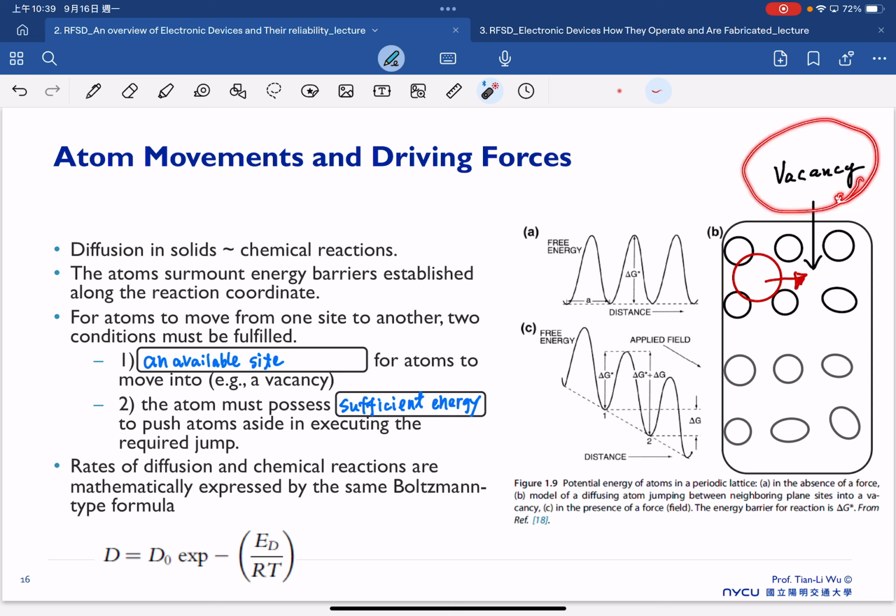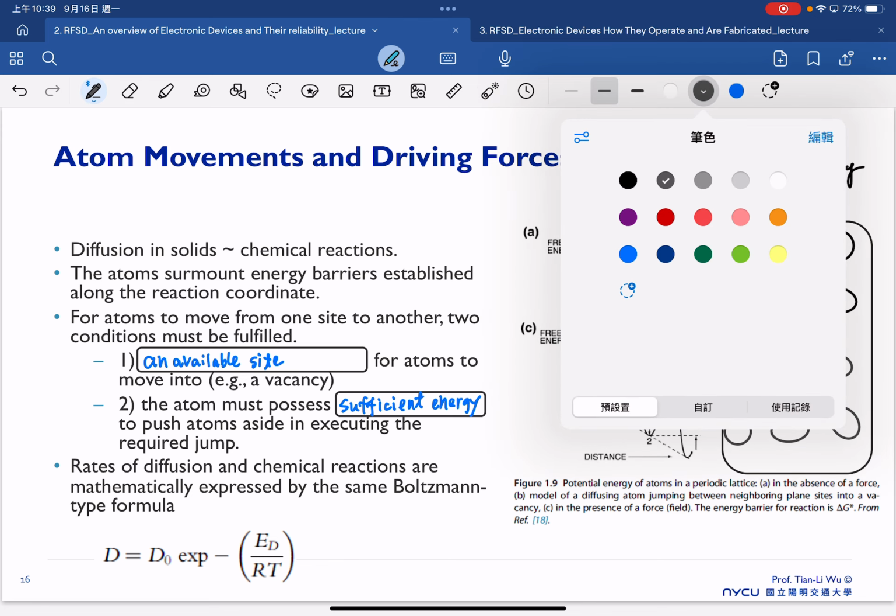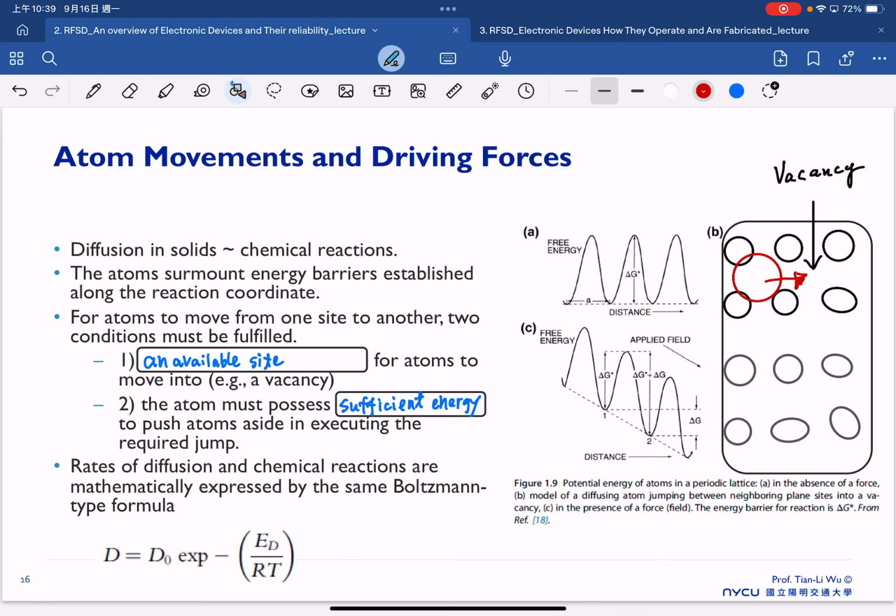And second, because once it moves, it requires a certain energy to move from here to here. So it must possess sufficient energy to reach the right place.